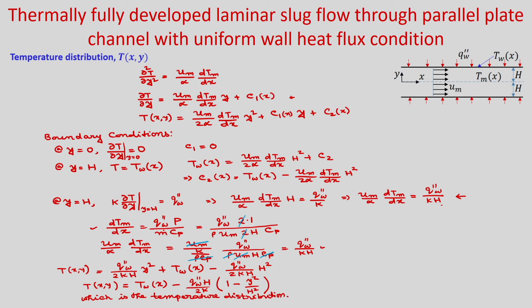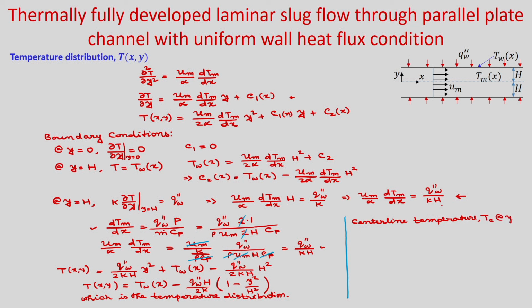This temperature distribution we can also write in terms of the central line temperature. What will be the central line temperature? At y is equal to 0, you will get the central line temperature T c.